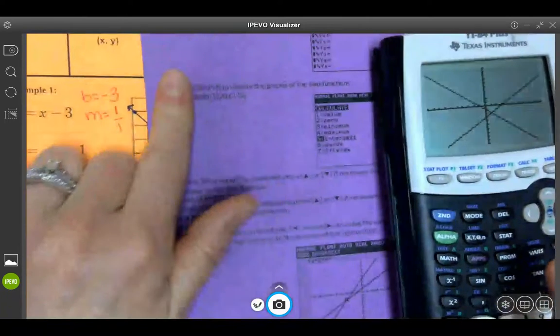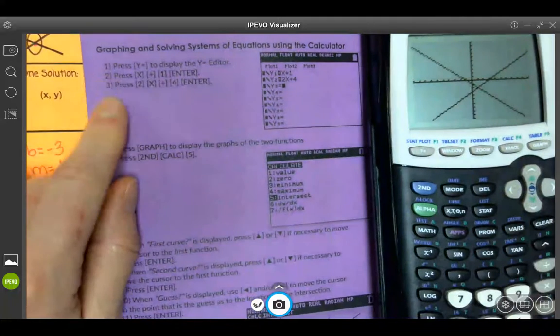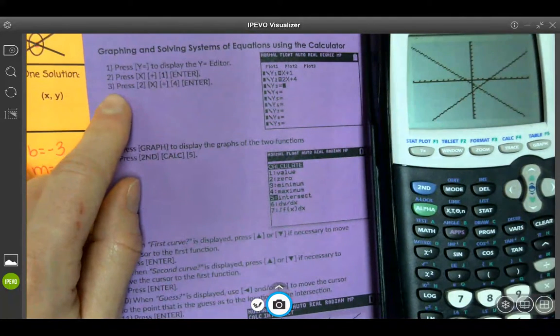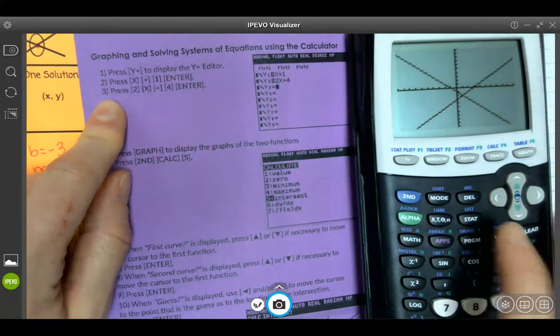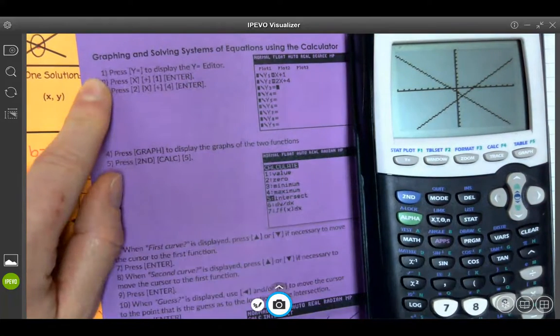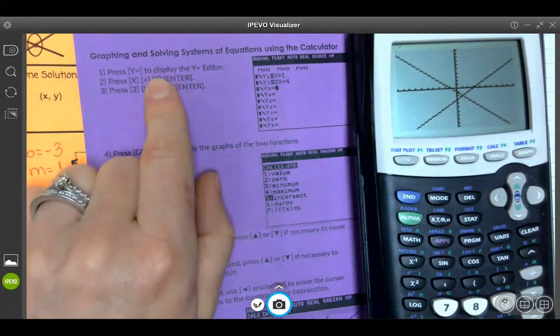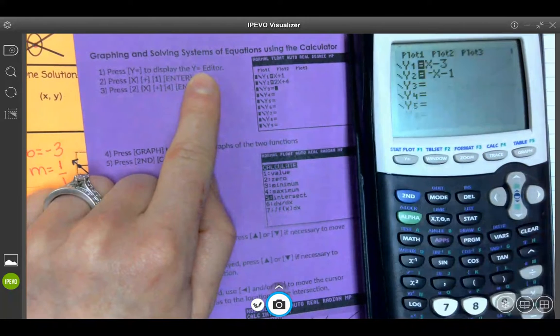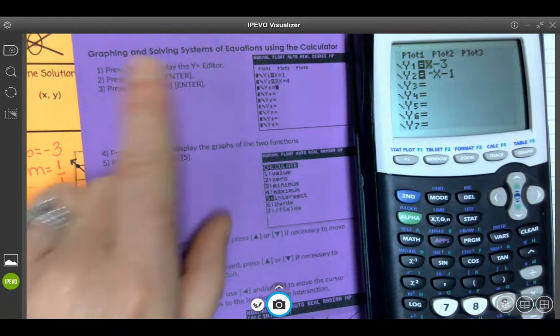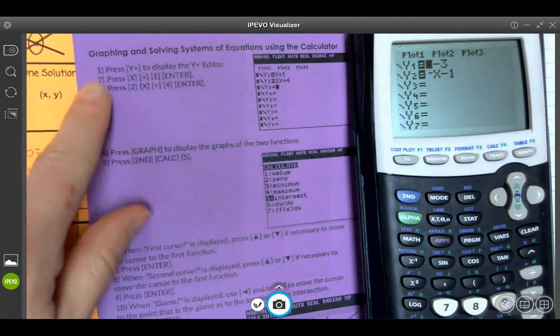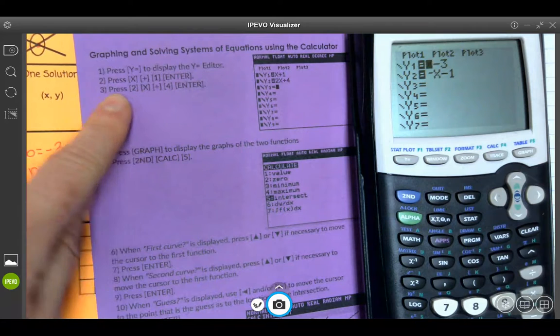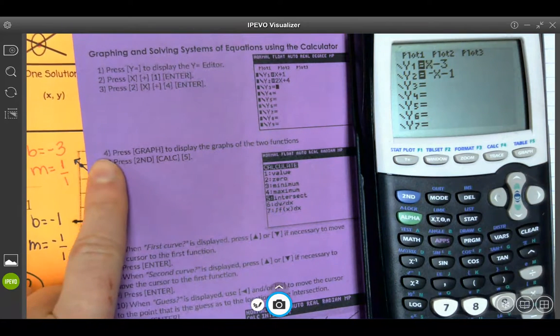All right, one other thing from this one. We're going to follow these steps. You'll probably remember these steps from solving equations. Y'all did this before. So it says, number 1, press y equals to display y equals editor. 2 and 3 push the equations. I'm not going to do those. 4, push graph.